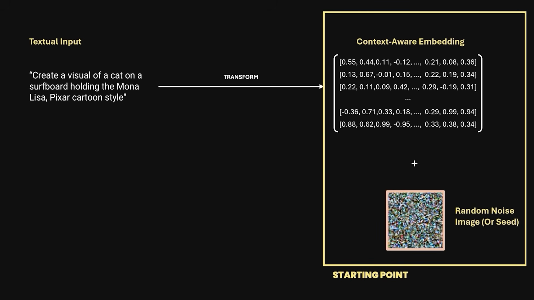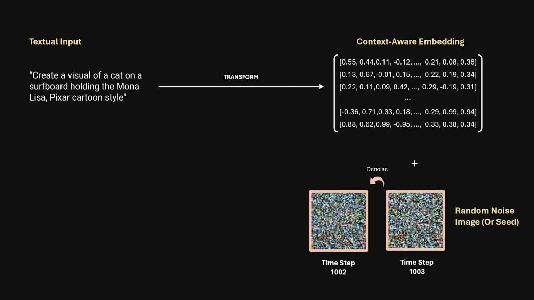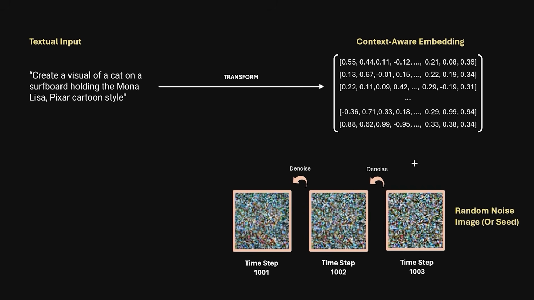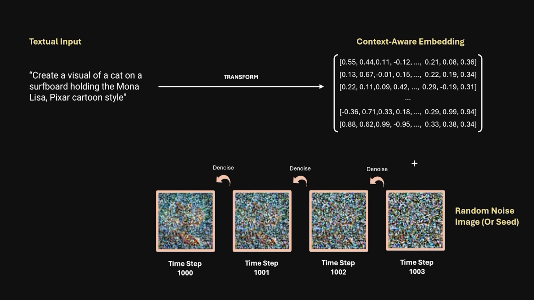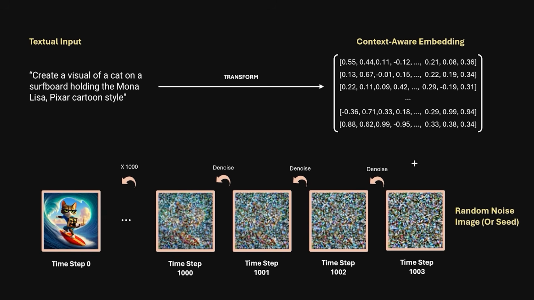Now the diffusion model undertakes approximately 1,000 iterative steps to denoise this image. In each step, the model slightly manipulates the image to gradually transform the random noise image towards one that matches the description provided. This iterative process is the core of how the model turns abstract noise into a coherent image.